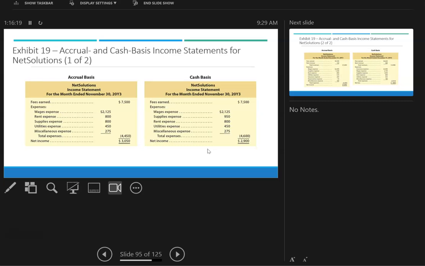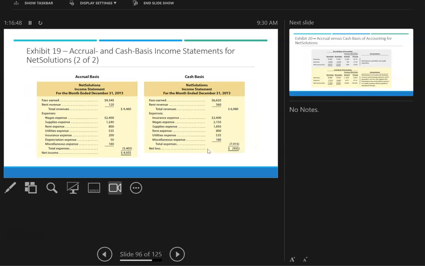We have supplies expense that shows $800 on our income statement accrual, but on our cash basis statement, we show this supplies expense when we paid for the supplies and we write it all off. Under the accrual, we don't write that off as a supplies expense until we use it up. Does that make sense? That's the only difference between these two slides.